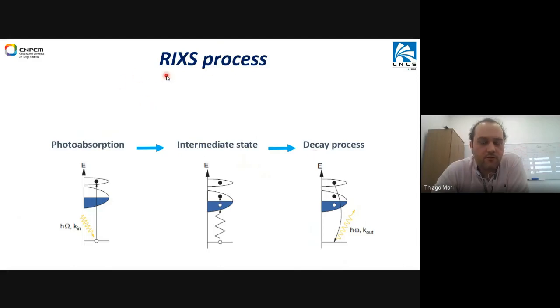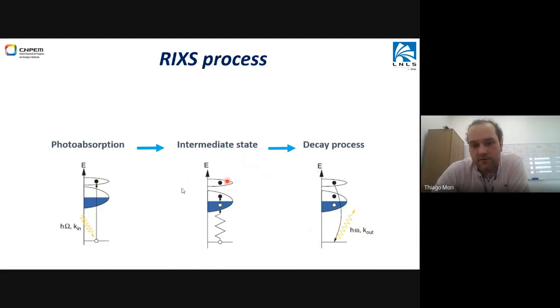So focus, what is RIXS? The RIXS process, if we look at the electronic structure, it starts with a photoabsorption. The photon, which has a momentum and an energy, incides and excites an electron from the core level, and it does a transition to an unoccupied state just above the Fermi energy. Then we have an intermediate state before the decay process.